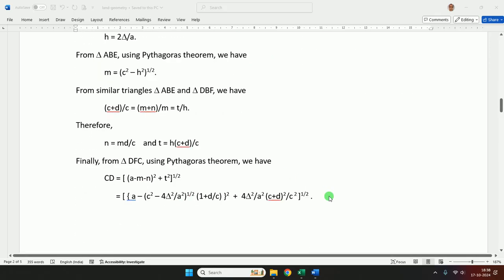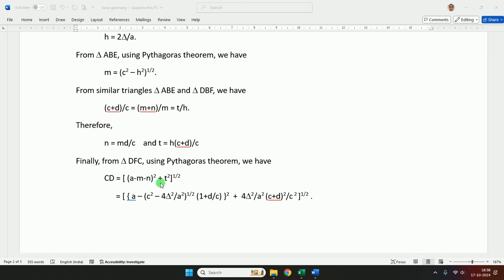So it is given by square root of a minus m minus n whole thing square plus t square. And of course if you express this m and t in terms of a, b, c and h, or a, b, c and delta, it will look like this. So this is the formula actually.